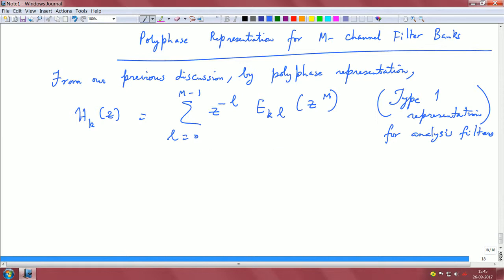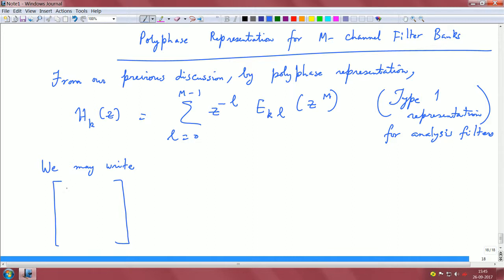Now, we can write the polyphase representation in matrix form for a stack of all analysis filters, right.